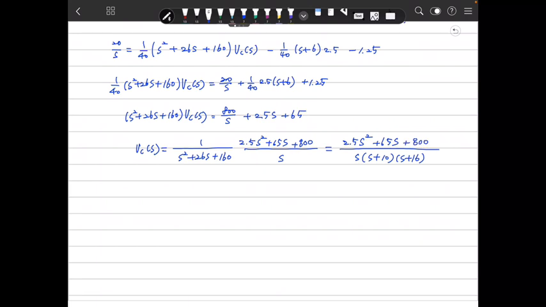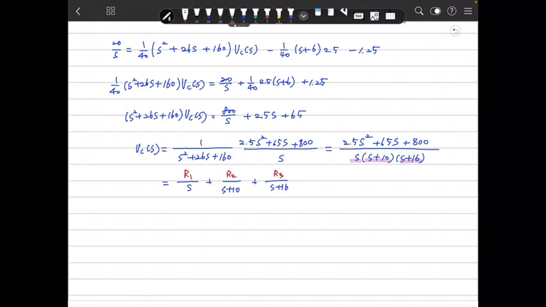So then what should we do? We need to factorize. So we need to rewrite this as R1 over s plus R2 over s plus 10 plus R3 over s plus 16.